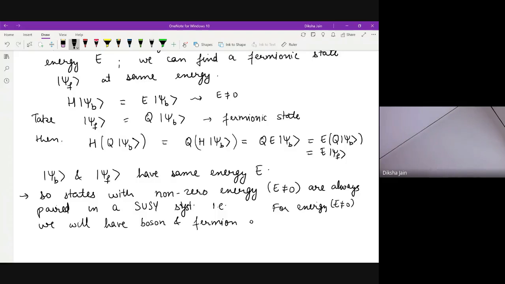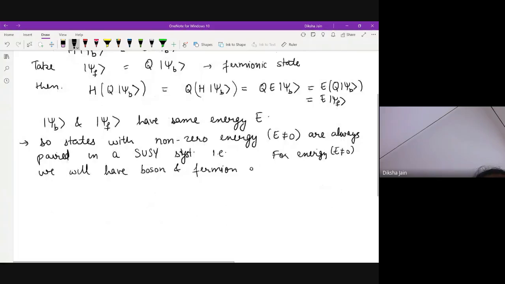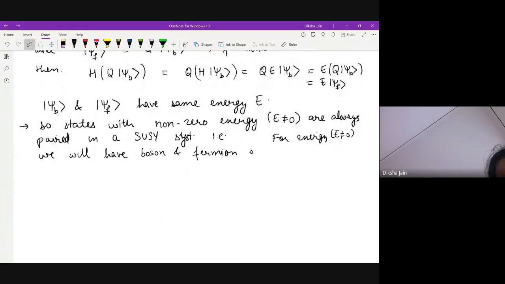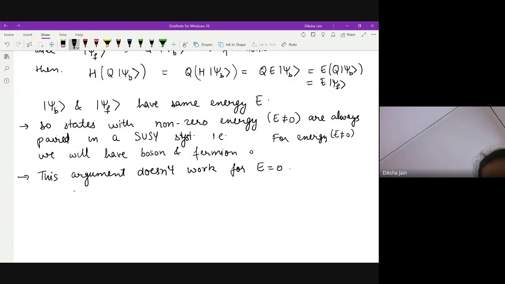Now, this argument doesn't work for a zero energy state, so let's check it. Let's consider psi as a zero energy state.